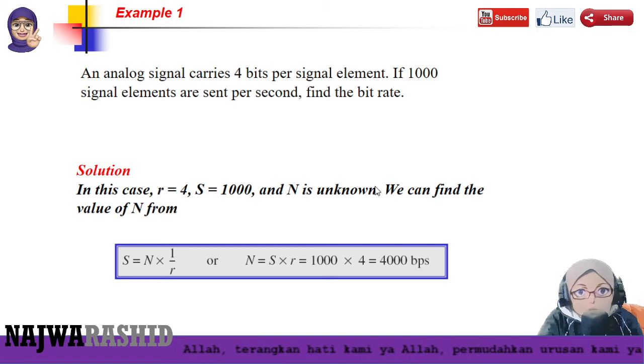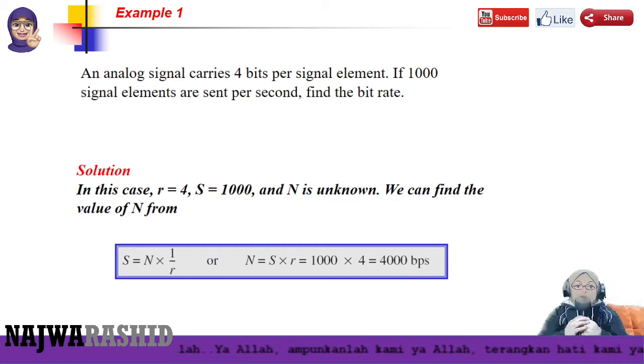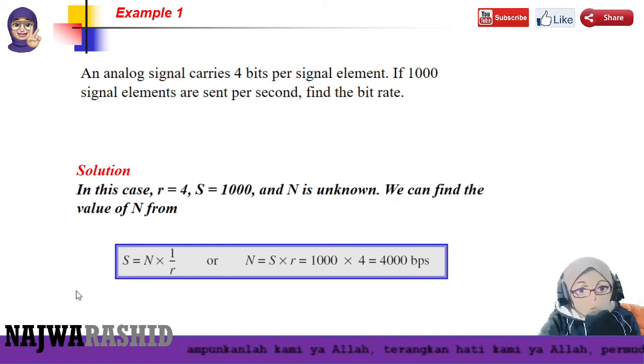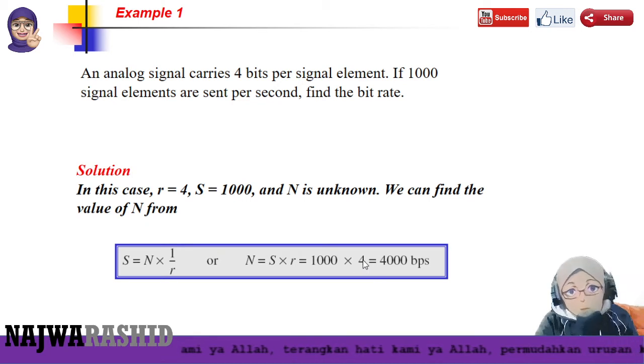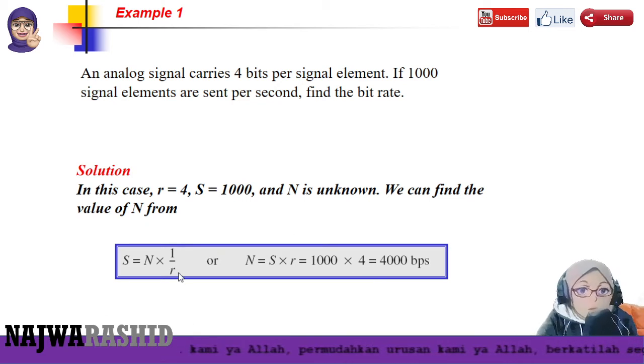The bit rate is unknown. So you can use this formula: S is 1000, N is unknown, times 1 over 4. So N is equal to S times r. So 1000 times 4 is equal to 4000 bits per second. So using this formula, you can identify the bit rate, the signal rate, as well as the r values.